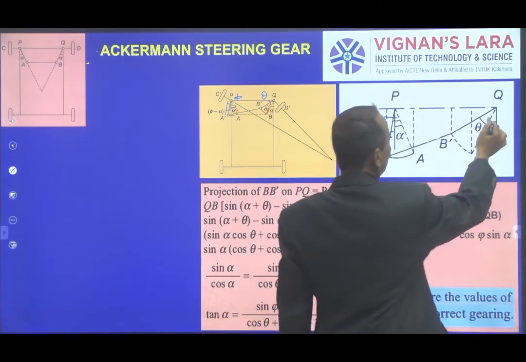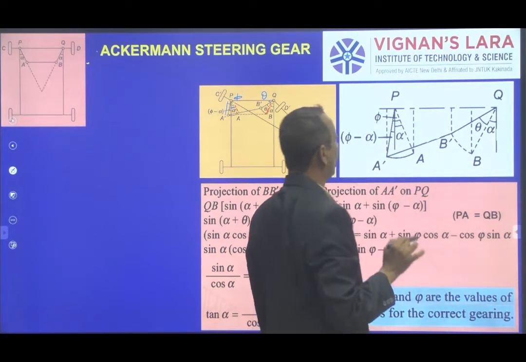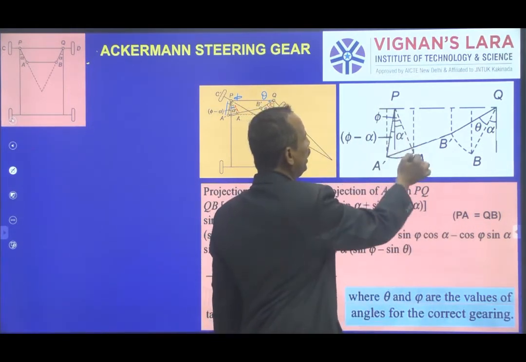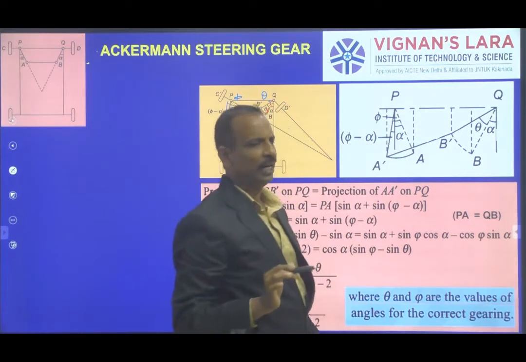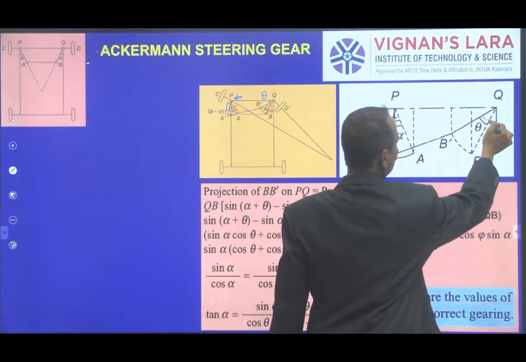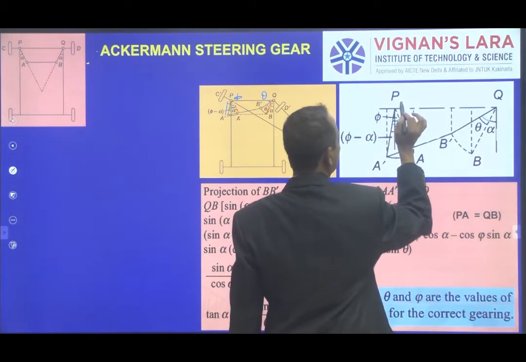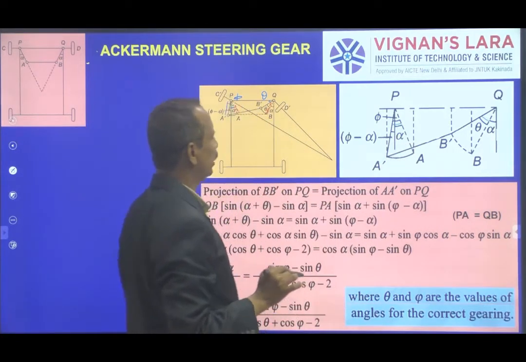The movement of QB to QB dash is theta and PA to PA dash is phi.